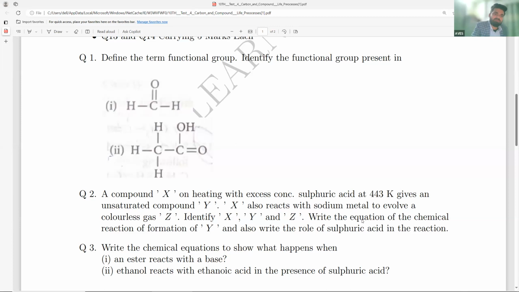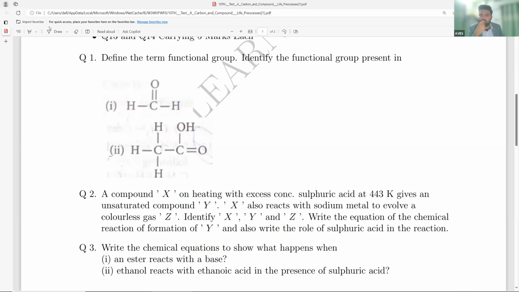Write down the proper answer: it is an atom or a group of atoms attached to a hydrocarbon chain that decides the chemical and physical properties. It can be an atom like chlorine, bromine, iodine. It can be a group of atoms like COOH, OH, CHO. So it determines the physical and chemical properties of that compound.